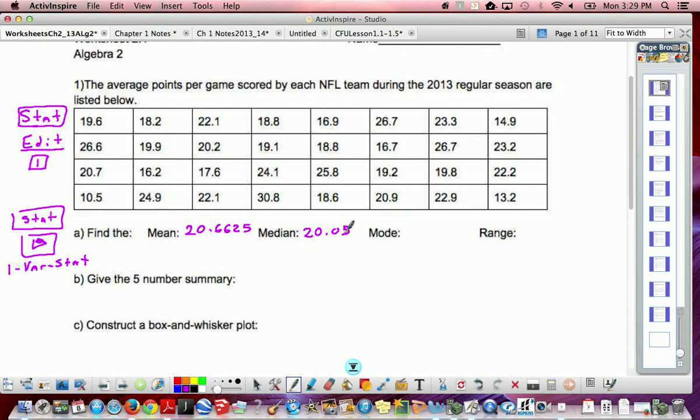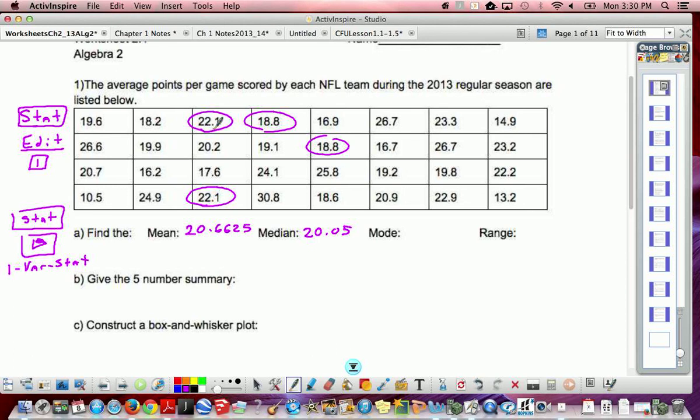Now the mode is a little bit more challenging. The mode is the most, so probably the best way to go through it is to take a look at your data points and see are there ones that repeat the most often. Well, if I look at my data set, I have a couple 18.8s right there. 22.1 occurs right here, and I think it might pop up in another place, right up above it.